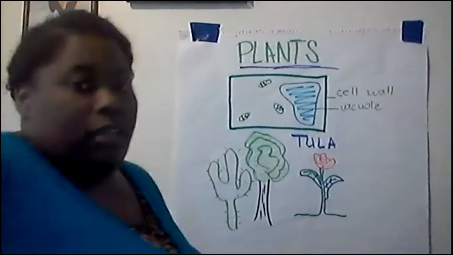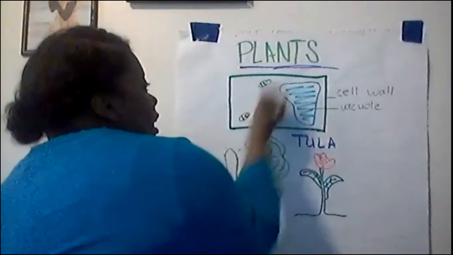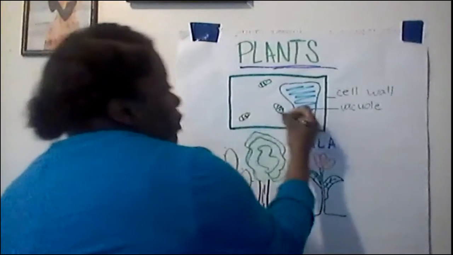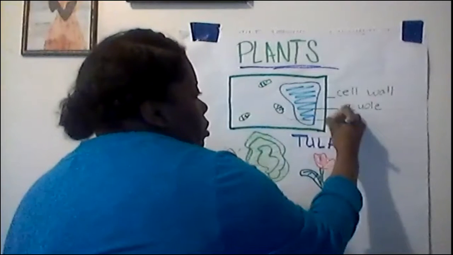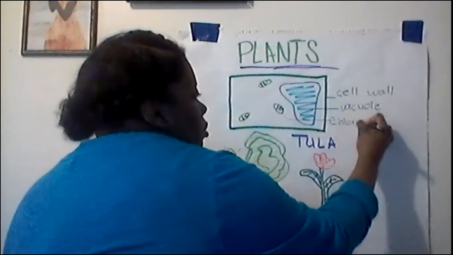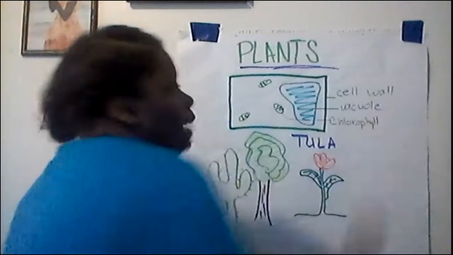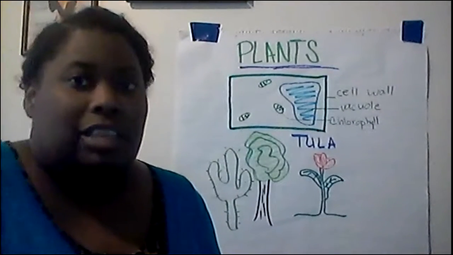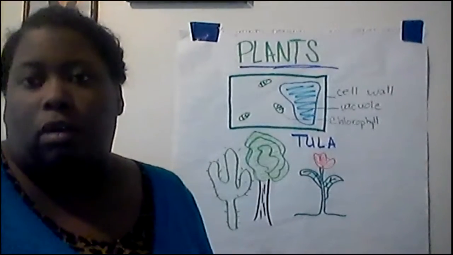The chlorophyll is what captures the sunlight energy. I'll write this one over here. So the chlorophyll captures sunlight energy, and it's a green pigment inside of the chloroplast.